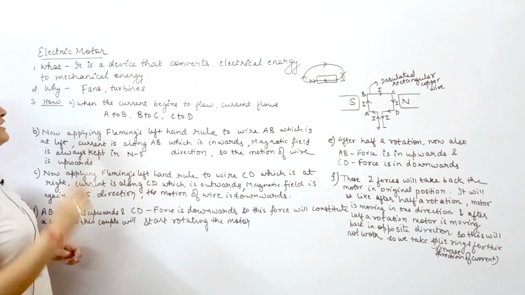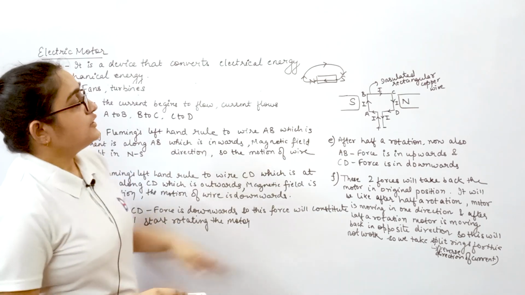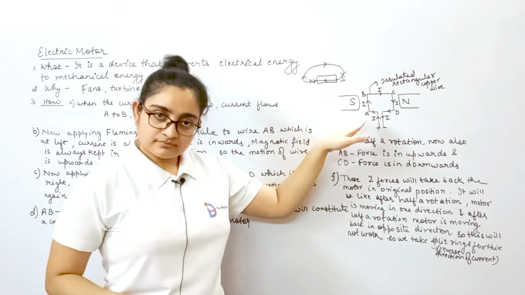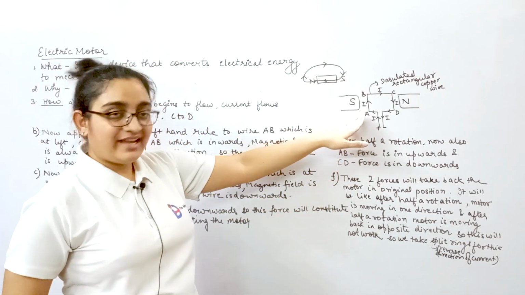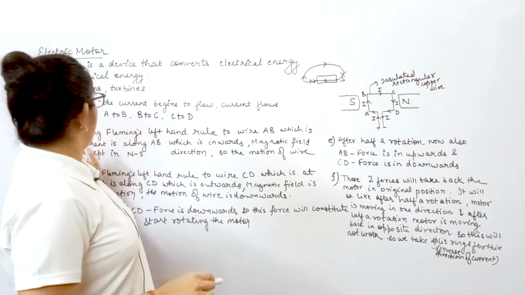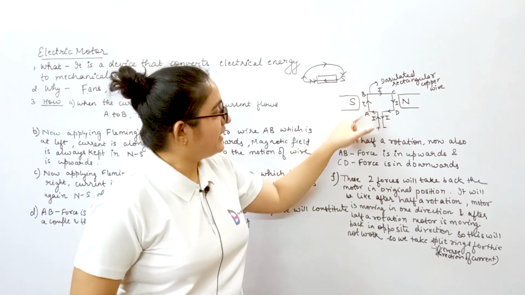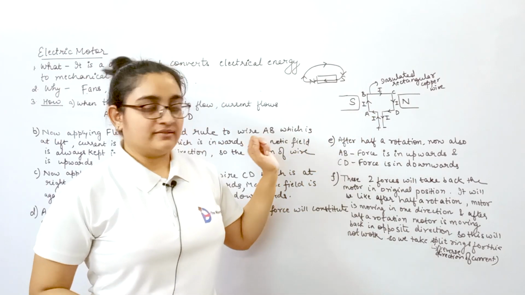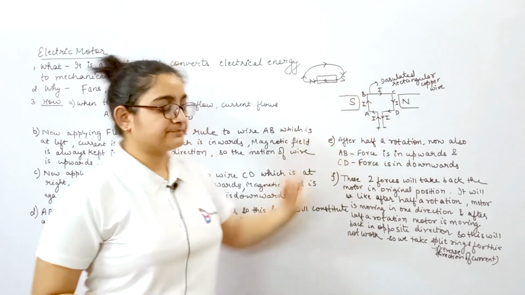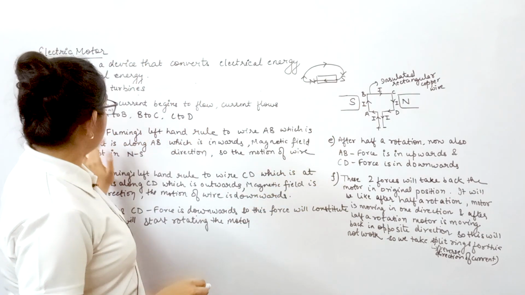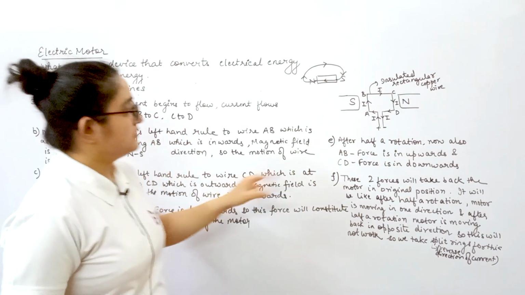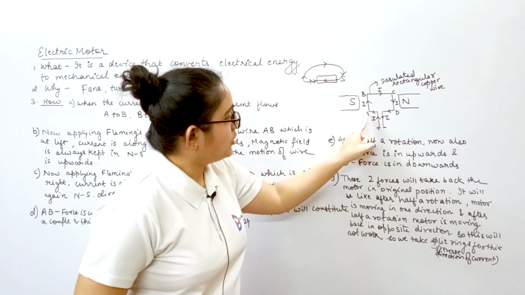Now applying Fleming's left-hand rule to wire AB. First we will look at the wire AB, which is at the left. Current is along AB.